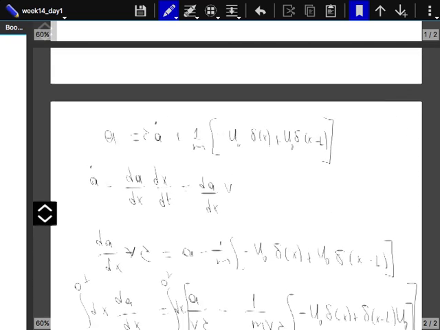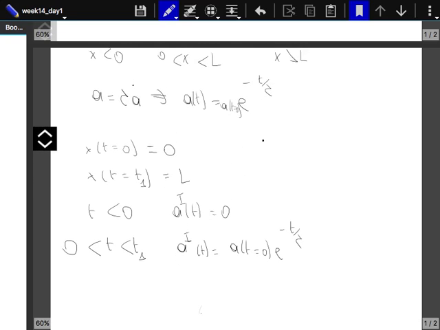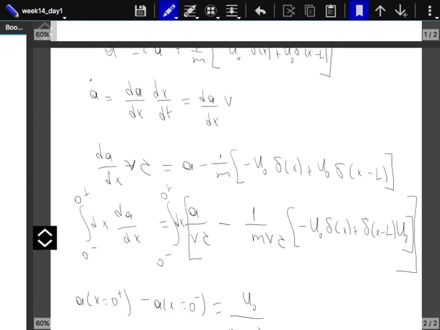Now, this is the general form of the acceleration in every region. Well, I have determined what the acceleration is at t is equal to 0 in region 2.